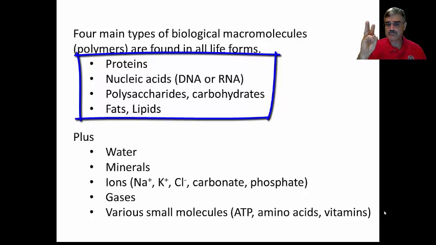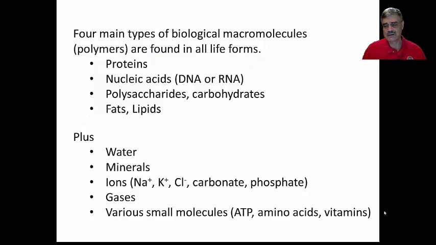But then we have polysaccharides, which can also be called carbohydrates, and fats or lipids. Each of these main categories are large molecules made by assembling smaller components together. And we'll talk about in this chapter proteins, polysaccharides, and fats or lipids.